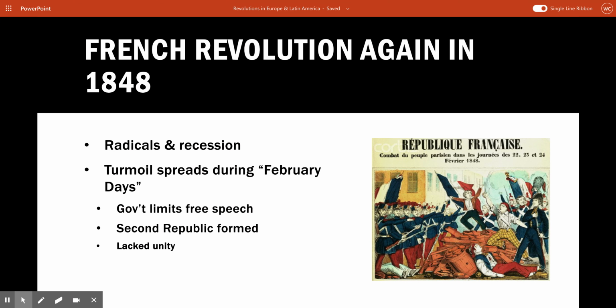Philippe was in power and things were going along pretty well for him until 1848. In 1848, the radicals are calling for even more changes than before, especially this growing working class within France, who really are outside of that middle upper class bourgeoisie. And so the radicals want changes that benefit the workers, everyday workers.